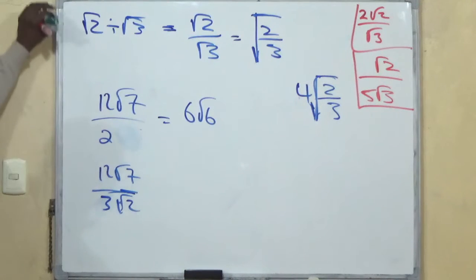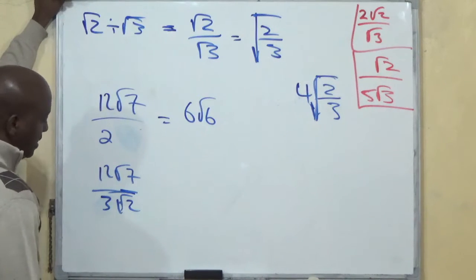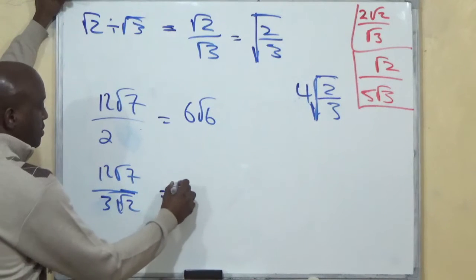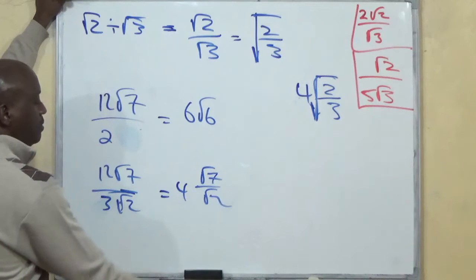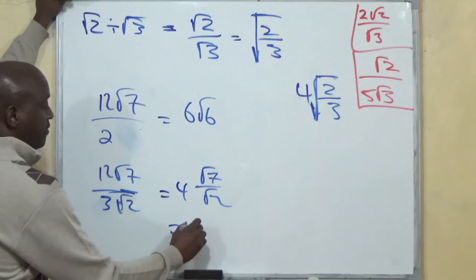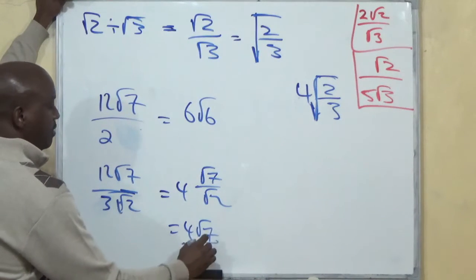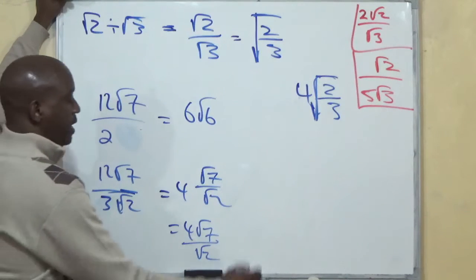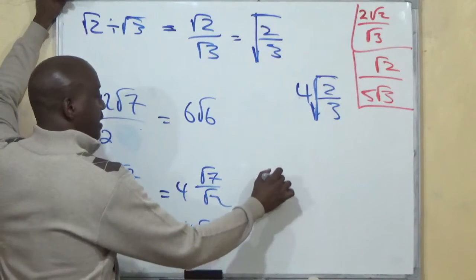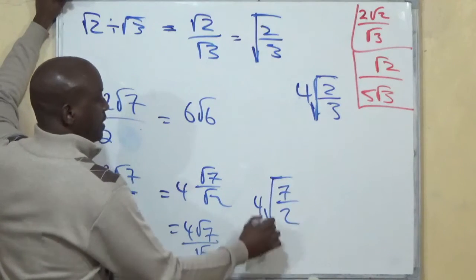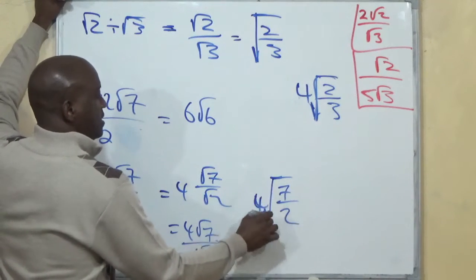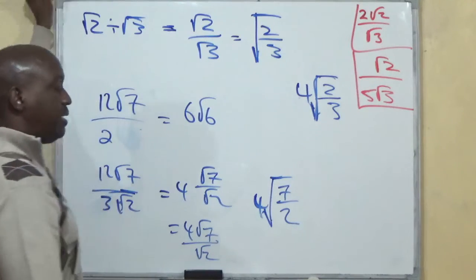Your cancellation, your regular division, 12 over 3 is 4, so you get 4 by root 7 over root 2, which you could write either as 4 root 7 over root 2, or you can write it as 4 by root 7 over 2. It all depends on what it is you're trying to accomplish.